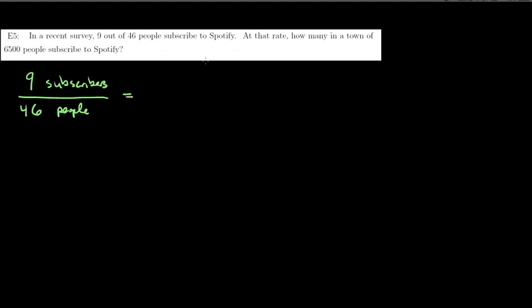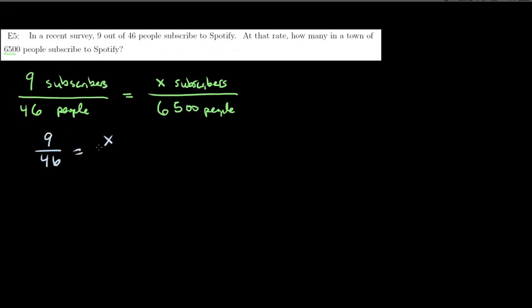So now the question is, how many people subscribe to Spotify? So how many subscribers? We'll call that X. How many subscribers when we have a town of 6,500 people? Okay. So again, we have our proportion. I'll write it under here: 9 over 46 is equal to X over 6,500.